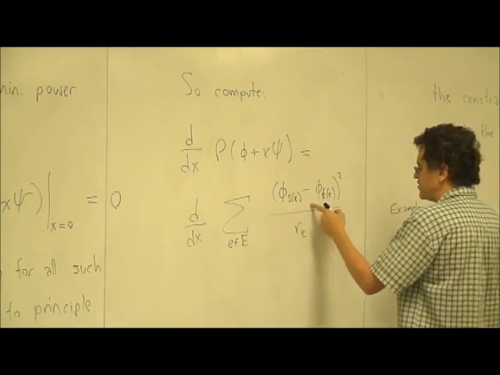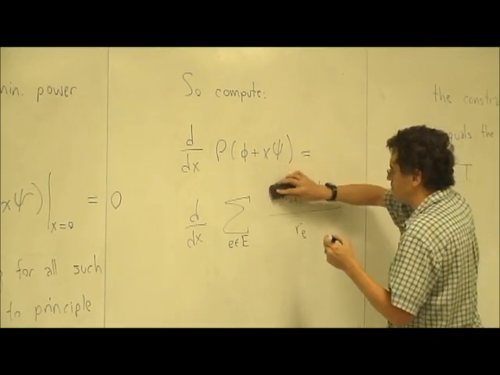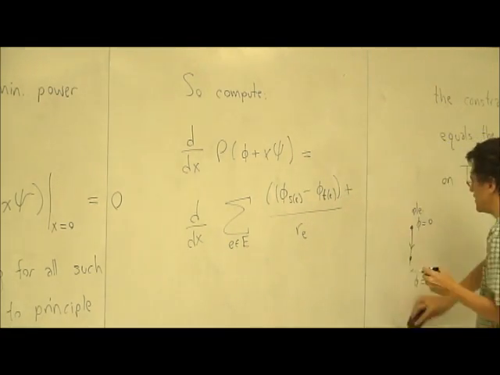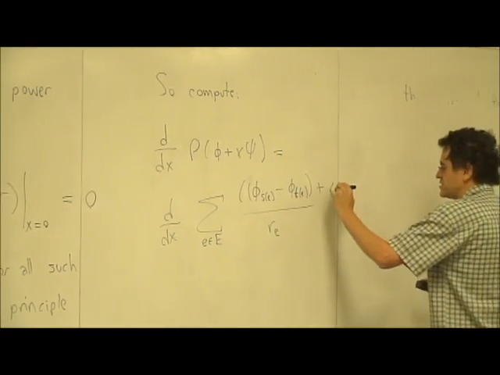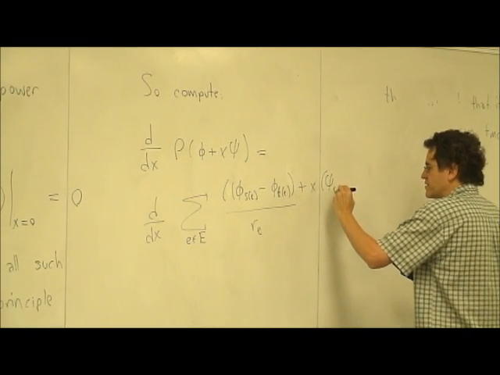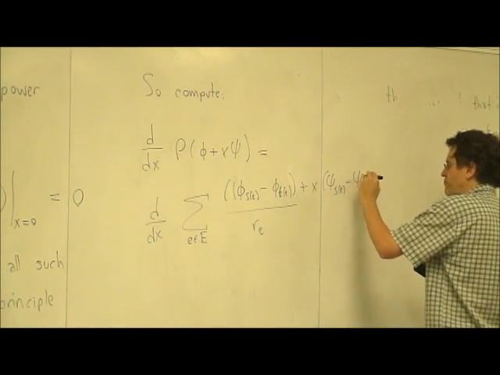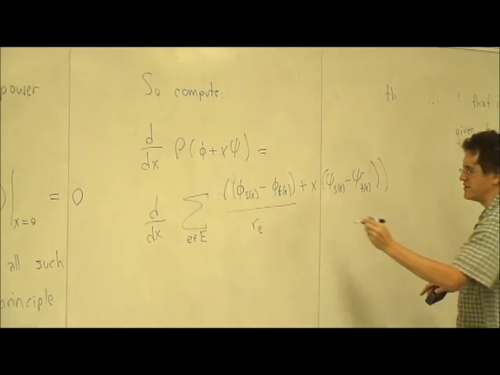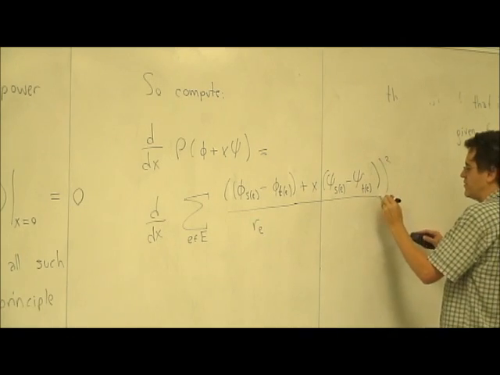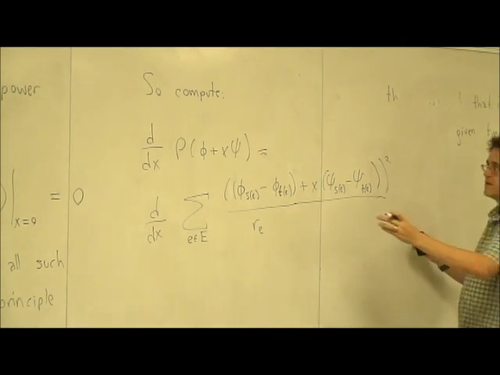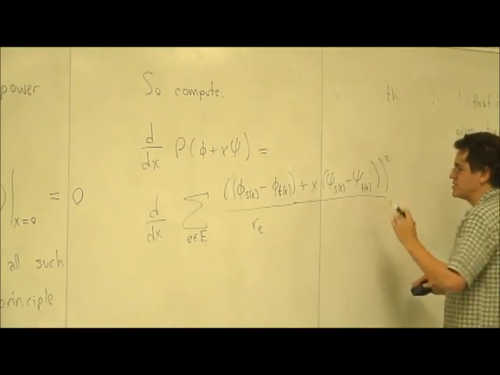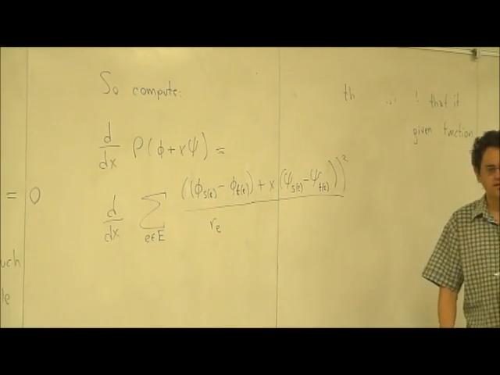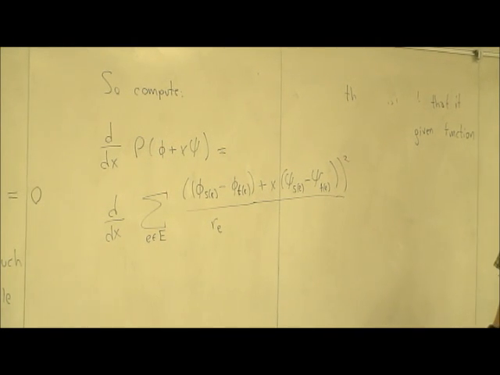Oh, whoops. This is the original potential here, sorry. But we've added x. Sorry. We've added x times c, so it's a little more complicated. This is this function at s of e minus this function at t of e. Okay, so that's what we've got to calculate the derivative of.